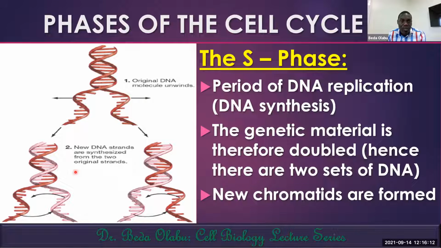With that in mind, the new DNA will actually be an exact copy of the original genetic material. So in DNA replication, we don't change things. The DNA that we have is exactly similar to the original.